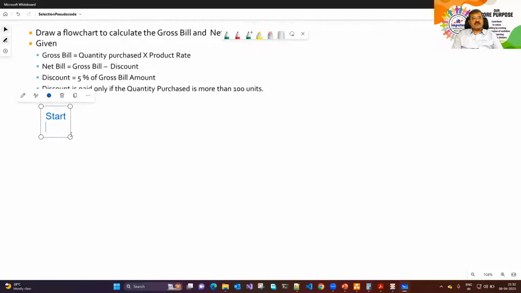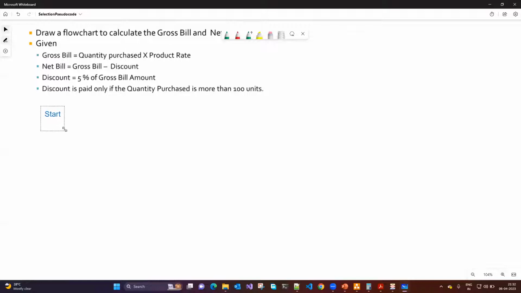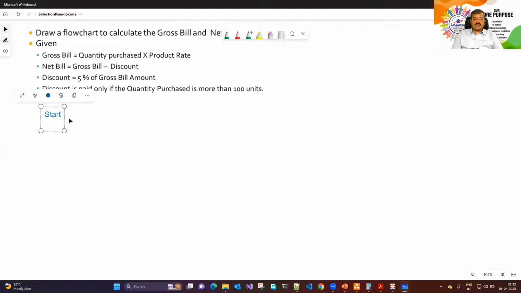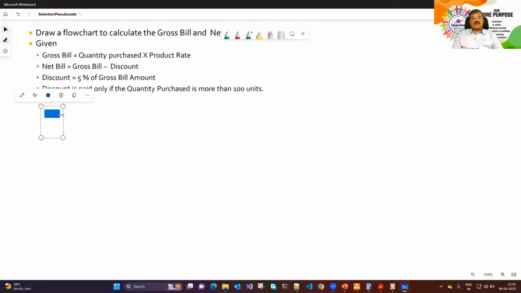I just take this blue color. Sir, are we writing flowchart or pseudocode? We draw flowchart, we write pseudocode. So I'm starting with pseudocode. I say start. And then we want to declare some variables.